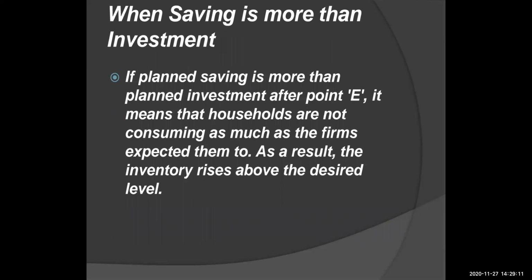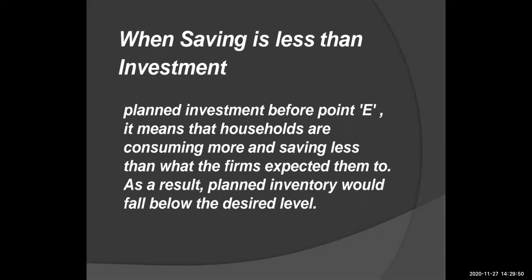Now, what happens when saving is more than investment? If planned saving is more than planned investment, after point E, it means that households are not consuming as much as the firms expected them to. As a result, the inventory rises above the desired level. So in a situation where planned saving is more than planned investment, there might be a rise in the inventory.